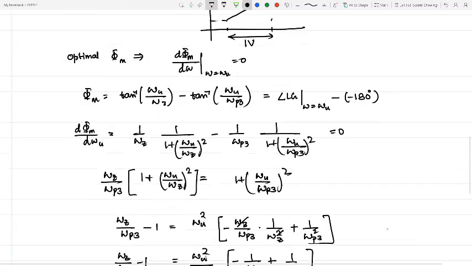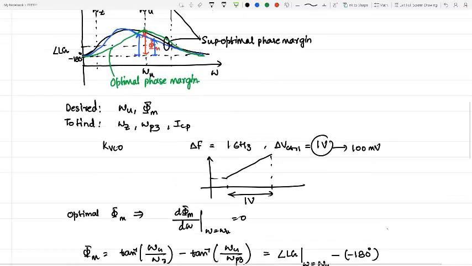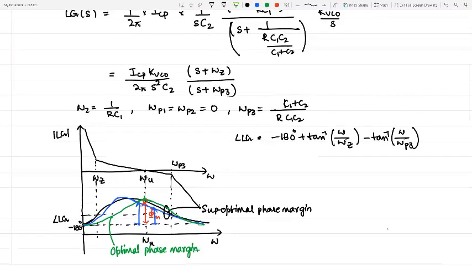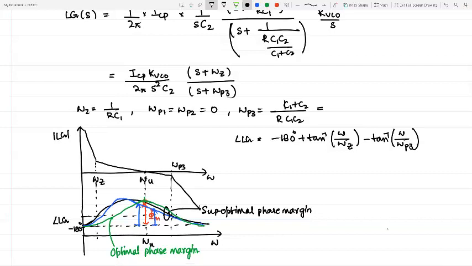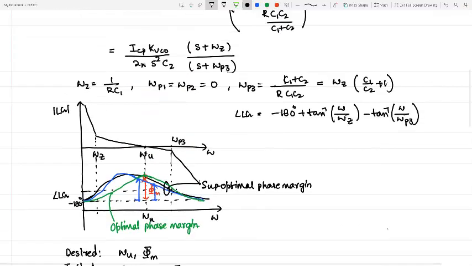Now looking back, where I wrote omega z and omega p3, you can say omega p3 is equal to omega z times c1 by c2 plus 1. I just took 1 by rc1 as omega z, c1 plus c2 by c2.